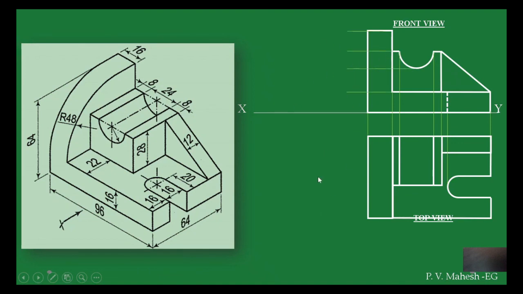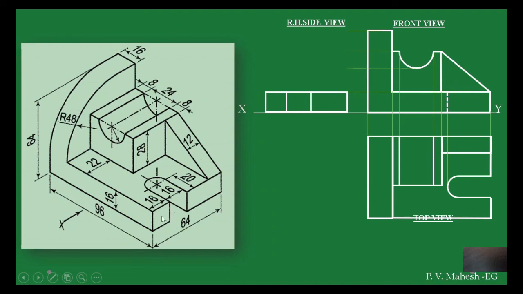Draw the projections for the side view. In the side view, first you will see this rectangle, and this U shape is also represented with a rectangle. So this bottom rectangle is done. So far we have not seen this curved shape. What is this curved shape? Now we will see it. How to draw this curved shape? Here this height is 16 and this width is 16 and this length is 64 and the radius is 48.